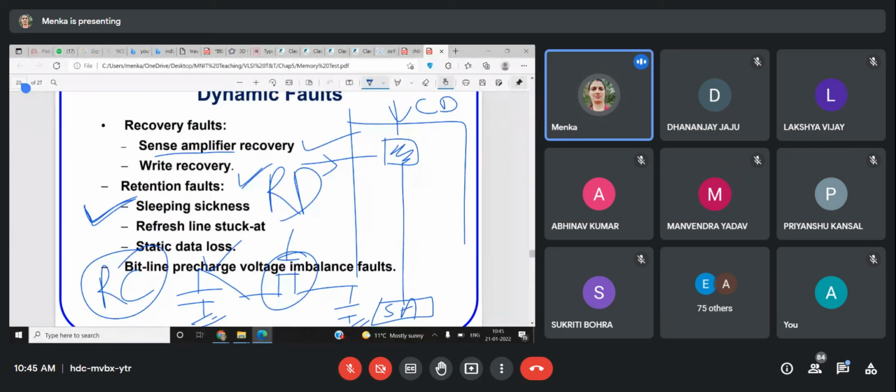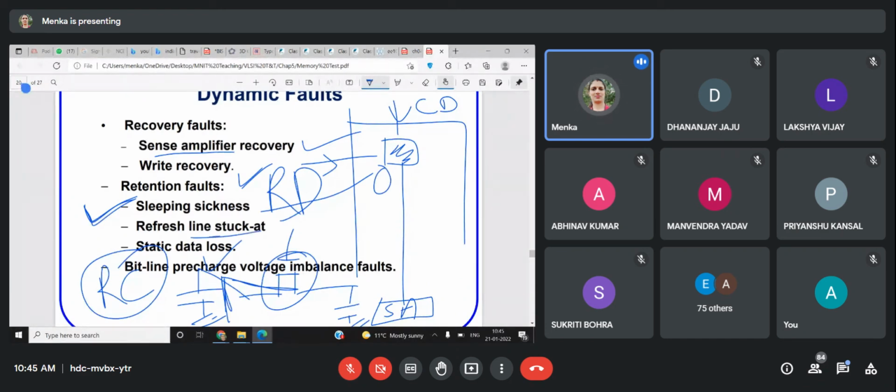So why does this happen? Because some of the cells are active in the sleeping mode also. The same thing happens with the memory. It might be possible that some of the cells are getting discharged through the RC. Because of that, you will have the fault. If the data was 1, that has gone to zero like that.